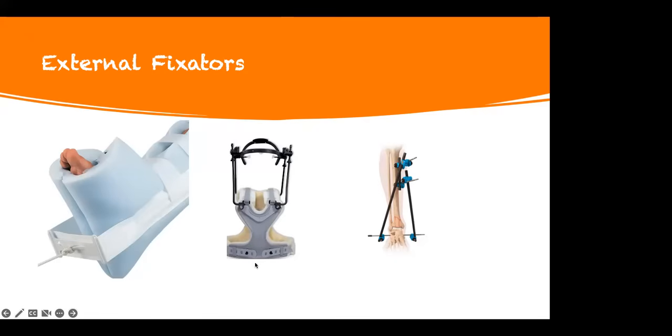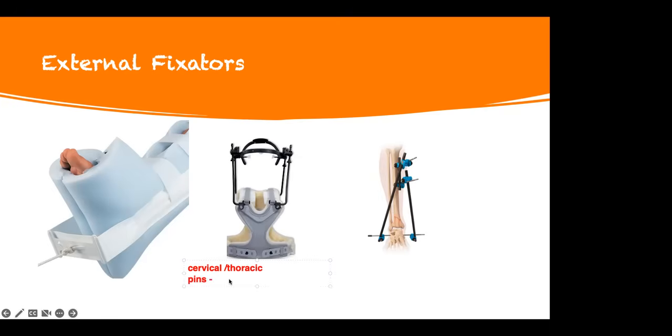This is the halo, like I said, for cervical issues. And you can see, you also have to know how to take care of these patients. They stabilize the cervical and thoracic spine. The pins are the most important. You see, this one, there are no pins. This one, there are pins, okay?